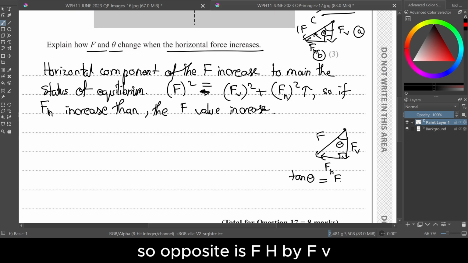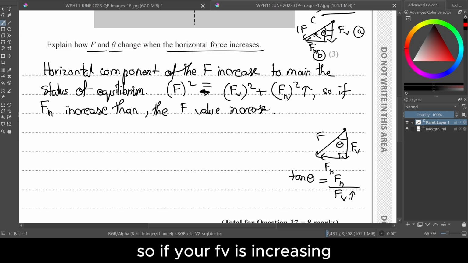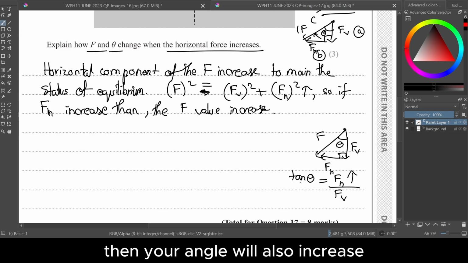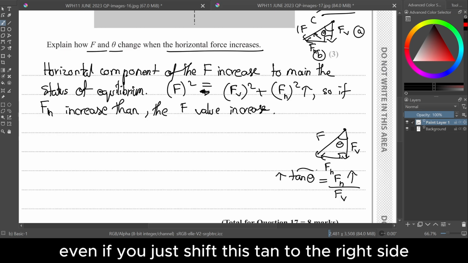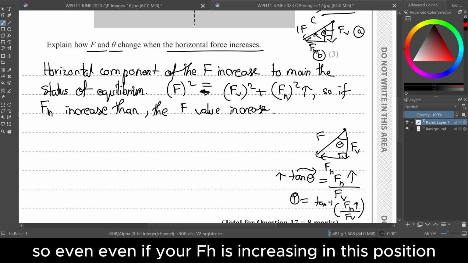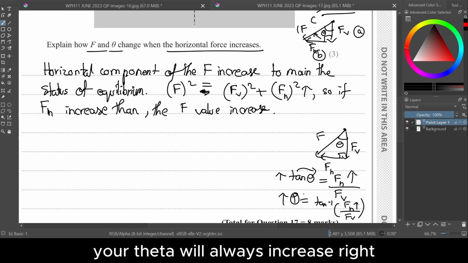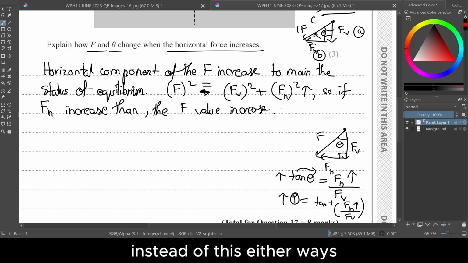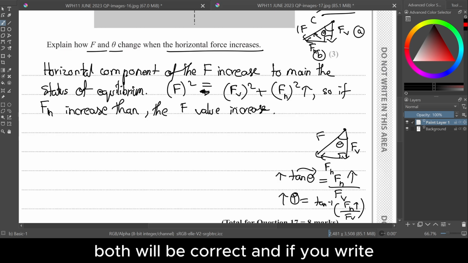So opposite is FH by FV. So if your FH is increasing, then your angle will also increase. Even if you shift this tan to the right side, theta equals tan inverse of FH by FV, right? So even if your FH is increasing, your theta will always increase, right? So you can just write the same formula here instead of this. Either way, both will be correct.